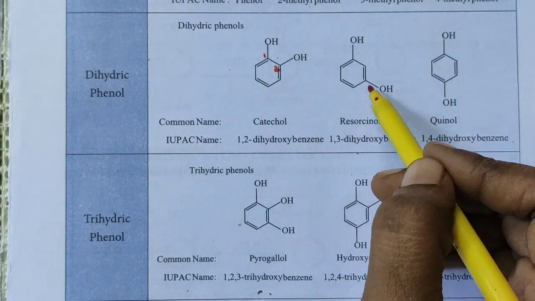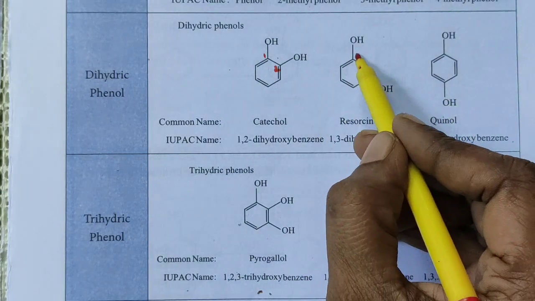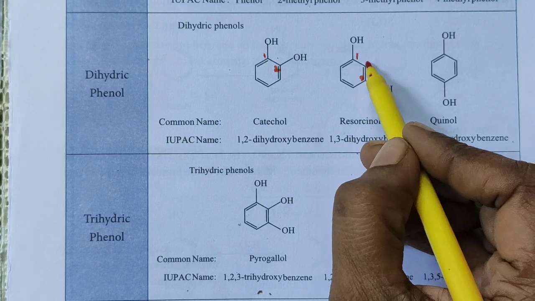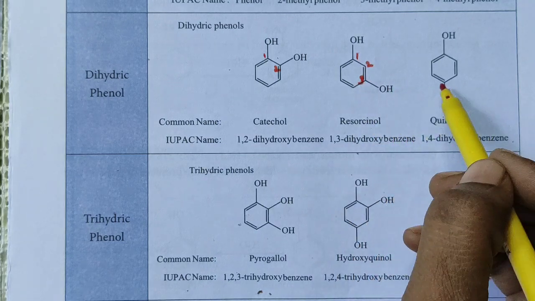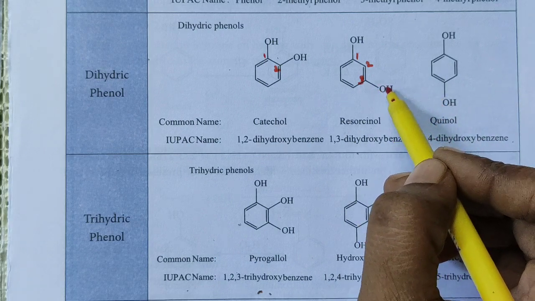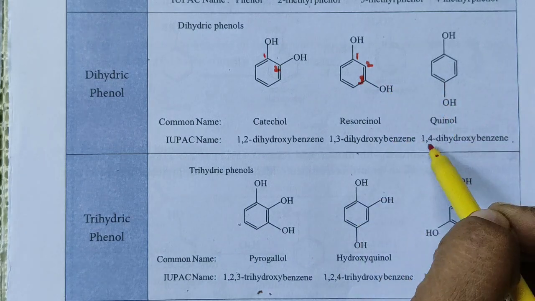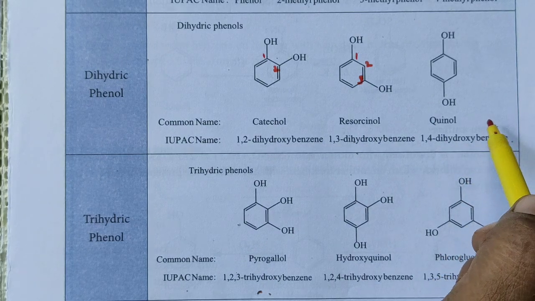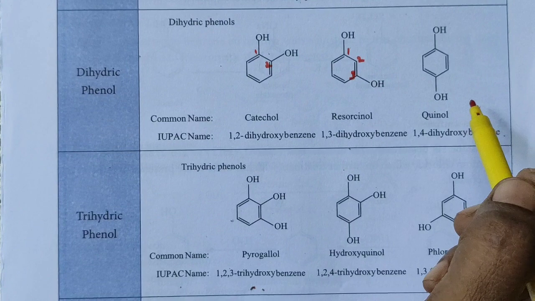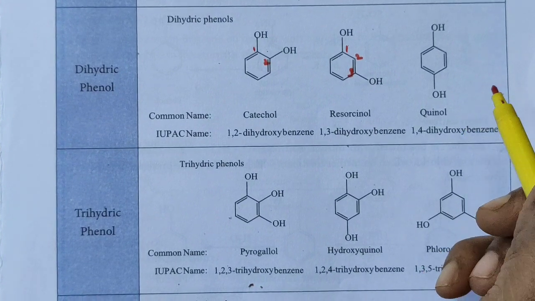Then here the OH groups are attached at the first and fourth carbon. When the OH group is present in the para position, that is 1,4-dihydroxybenzene.